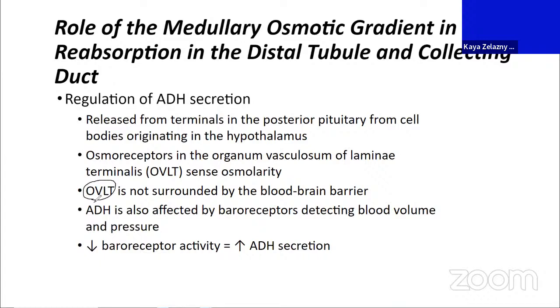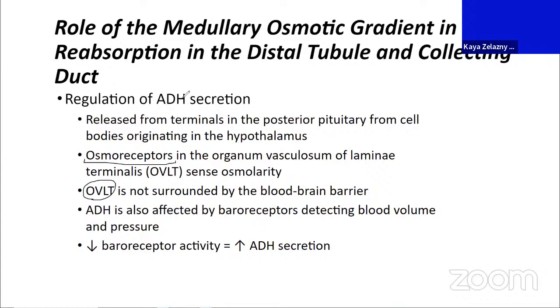Osmolarity is going to be higher when there are lots of ions, lots of salts in the blood. It's going to be lower if you have pretty dilute, watery blood. So when it senses lots of salts, this is an indication that maybe you don't have enough fluid here, right? So this osmoreceptor is going to be triggering the release of ADH.